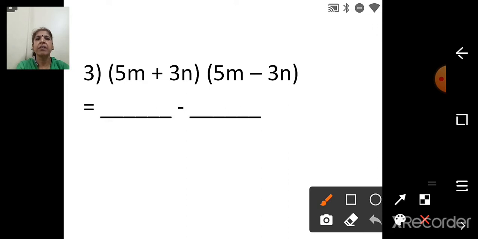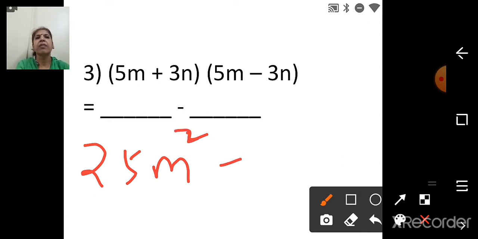Square of 5 is 25, so we write 25m square. And square of 3n is (3n) the whole square, square of 3 is 9, so 9n square. So the answer is 25m square minus 9n square.